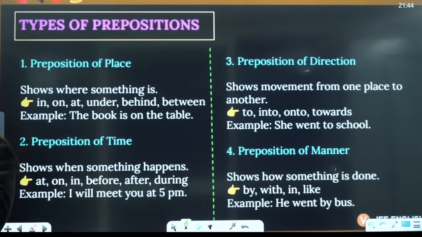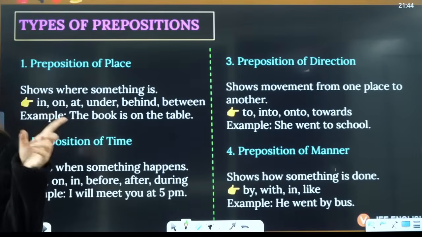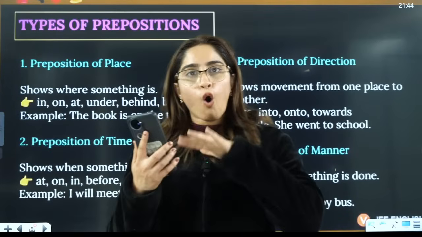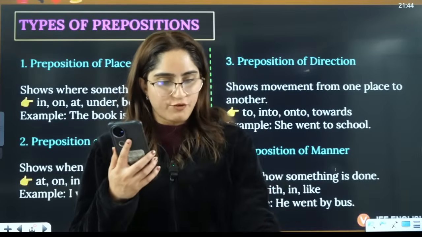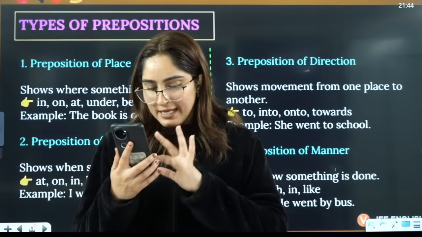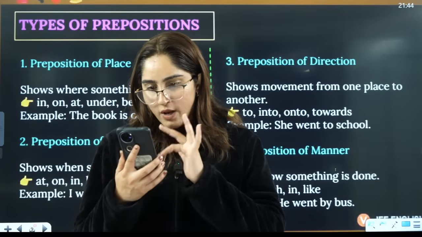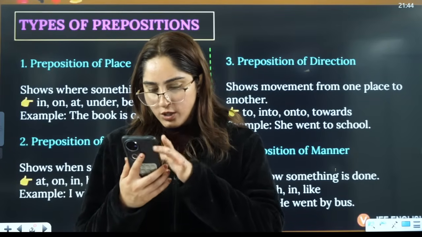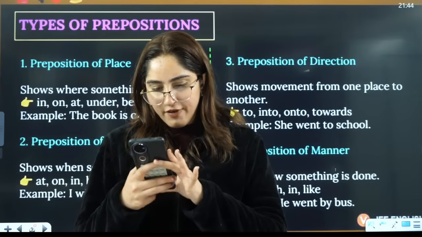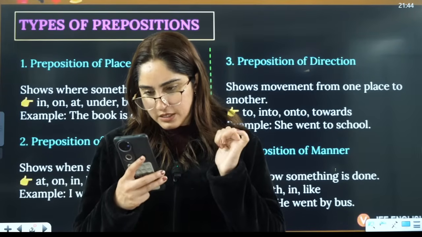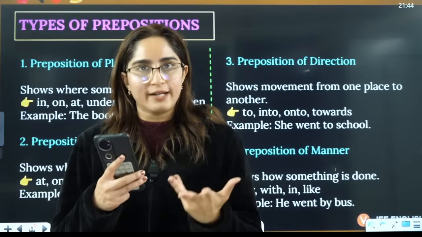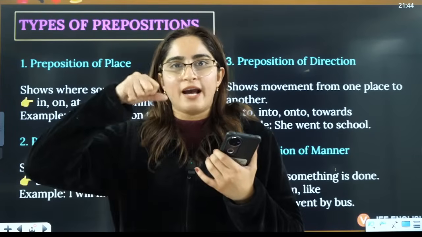A very good sentence is: the water spilled onto the floor. So that means there is a floor, and onto that floor the water got spilled, right? Now I'll use into also here. Into means entering: the solution was poured into the test tube. So it's a very good chemistry kind of example.